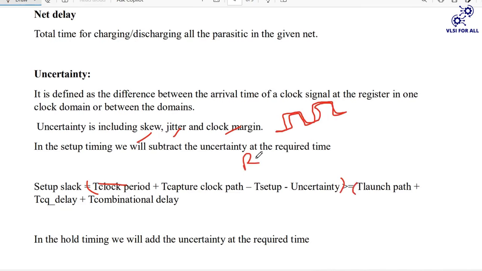RT is the required time and AT is the arrival time. So setup slack is RT minus AT, where we subtract the uncertainty. RT contains clock period plus capture clock path minus setup minus uncertainty. AT contains T launch path plus TCQ delay plus T combinational delay. So this is the setup slack.